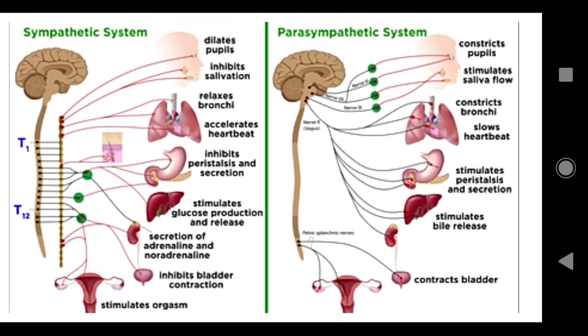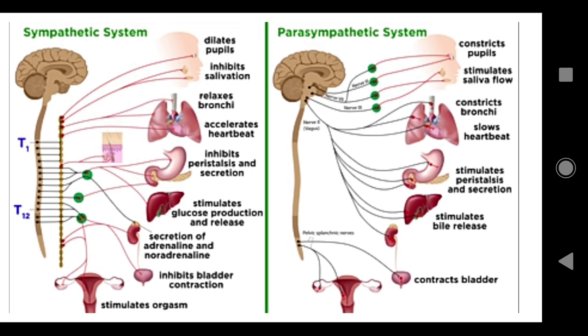At last, we have to make the difference between the sympathetic and parasympathetic nervous systems. One is exciting, one is inhibiting; one is increasing, one is decreasing. The sympathetic arises from the thoracic and lumbar region, and the parasympathetic from the brain and sacral region.